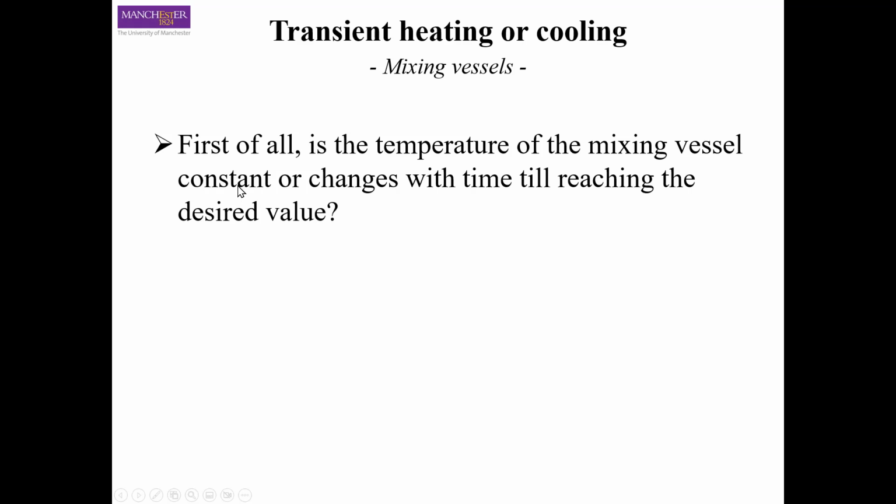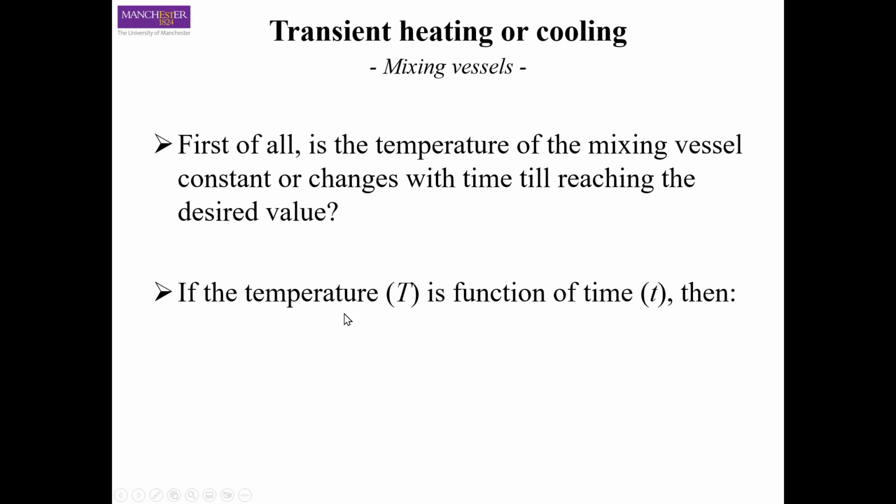If it is at a constant temperature, it means that you have already achieved your desired temperature and there is no further heating required, and it means that your system has already achieved steady state. But if the temperature is changing in time, it means that you are in a transient state. Because we are looking at transient systems, the temperature is a function of time.